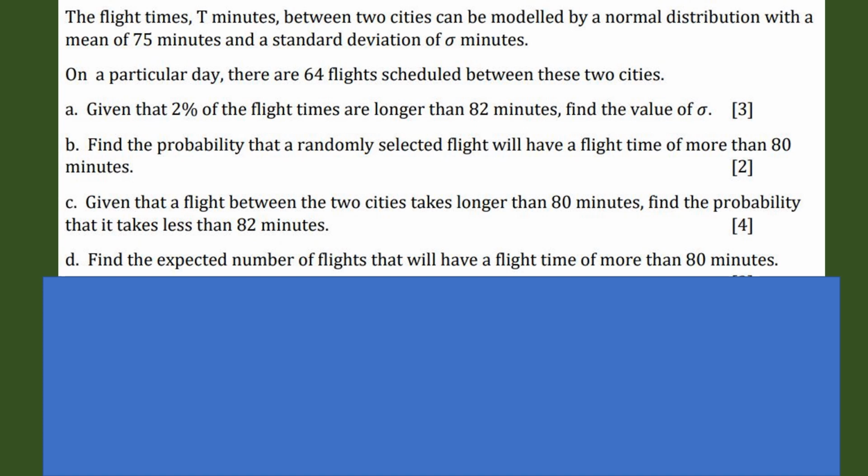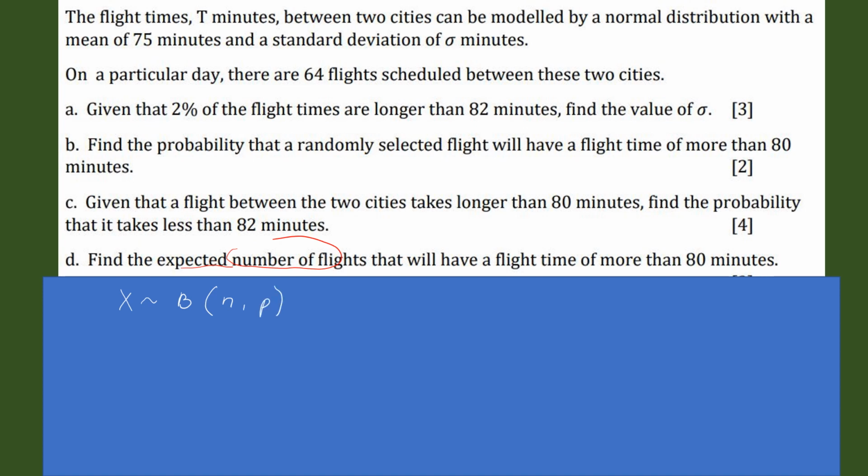Find the expected number of flights that will have a flight time of more than 80 minutes. Now, what kind of probability are we talking about? Since we have a discrete value, number of flights, and expected number, we are dealing with binomial distribution, where x is binomially distributed with n, remember, and this is probability.